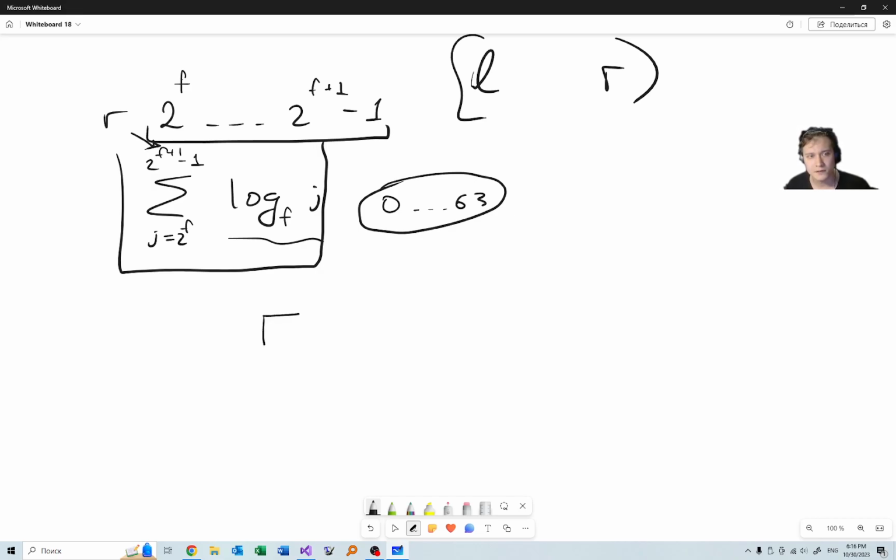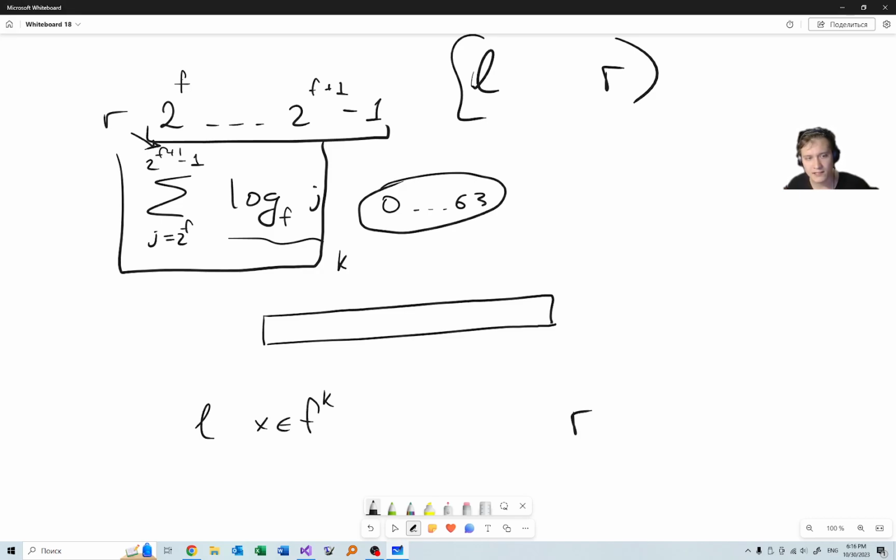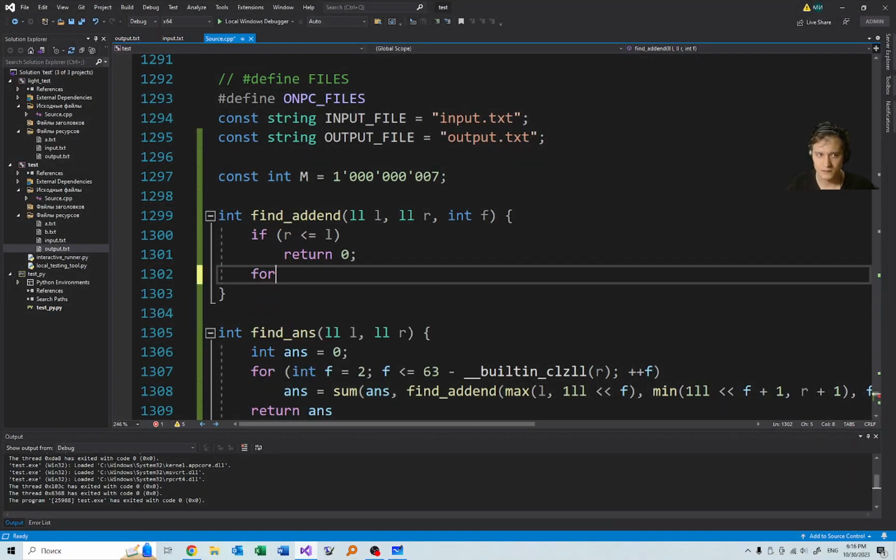Then we look through all possible logarithms. So assume that we have a logarithm equal to k. Then we want our number from L to R to be between f, x should be at least f to the k, but strictly less than f to k plus 1. Okay? So let's iterate over the logarithm.